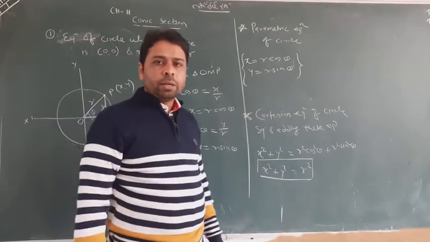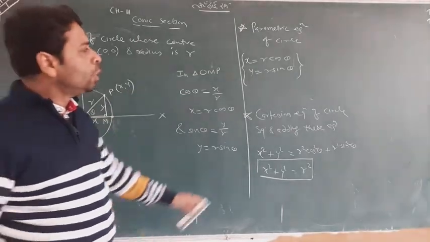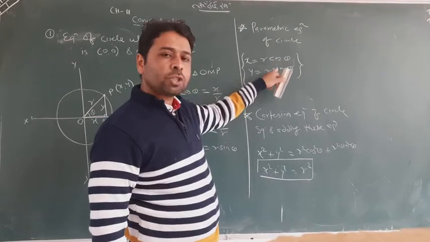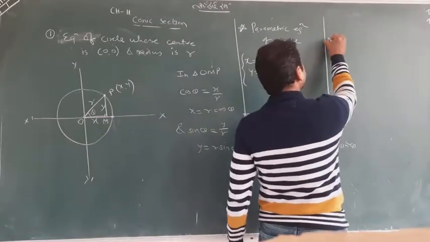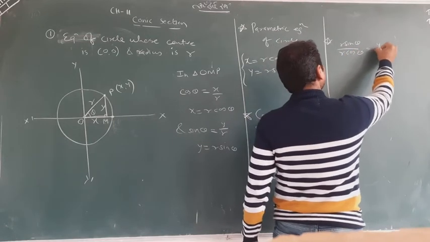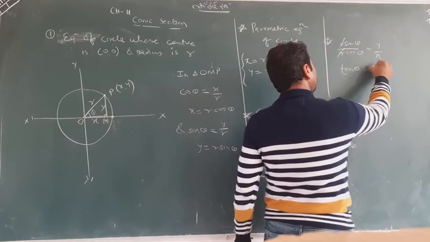I tell you one thing: if you are asked to find theta, you can divide these two. R sin theta upon r cos theta. This is y upon x, the r cancels. Sin by cos is tan theta, which is equal to y by x.